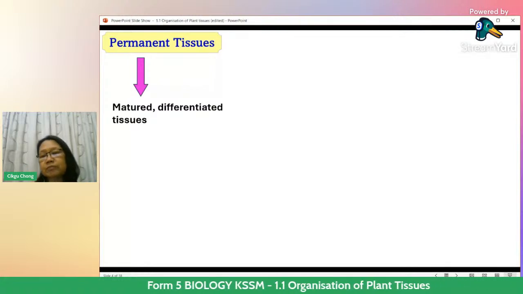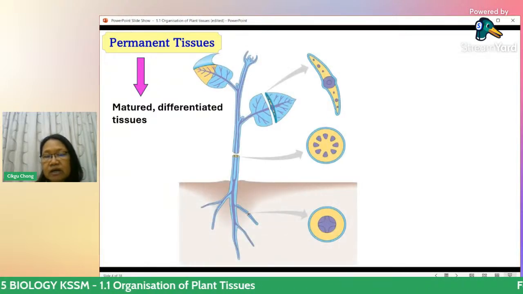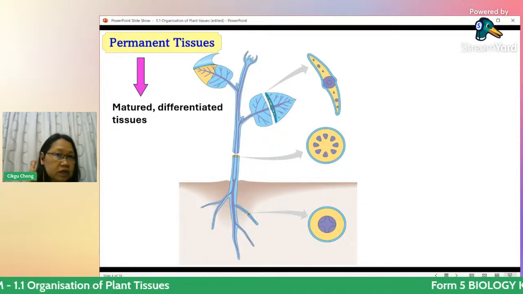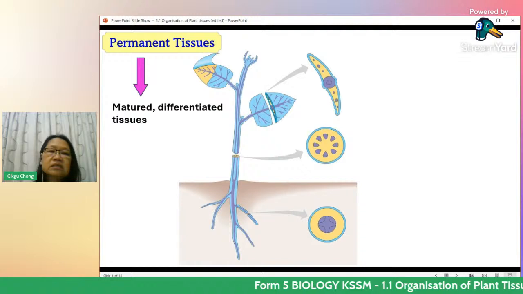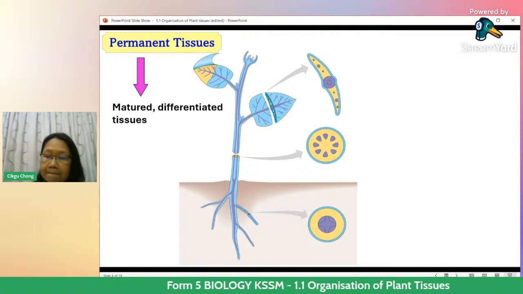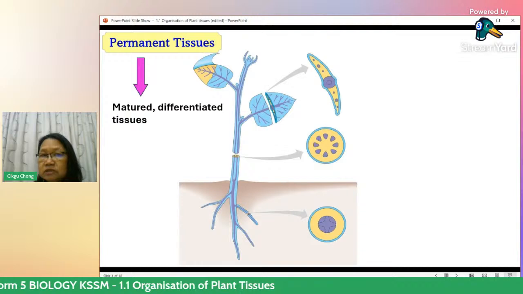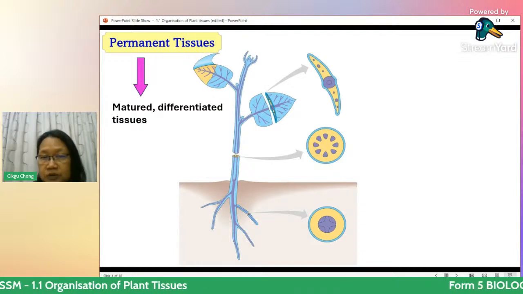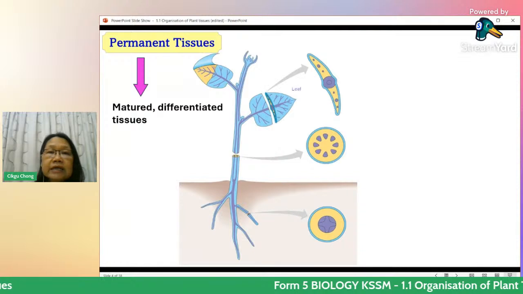There are only three types of permanent tissues. Let me show you a picture of the plant. If you slice through three places of this plant, one is the leaf, another is the stem, and another is the root, you will be able to see these three types of tissues. The first one is colored differently, you see the blue color.